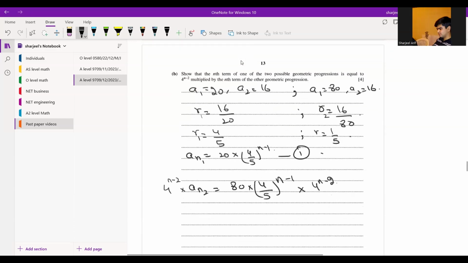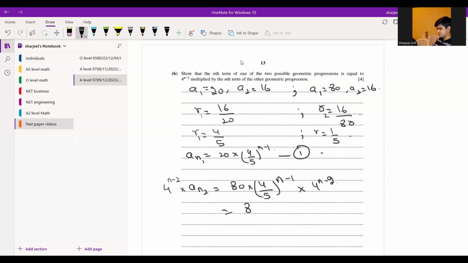So we will check it by solving the values for 4^(n-1). So this will become, we have 1/5 here. We have 4/5 here, we have 1/5 here.